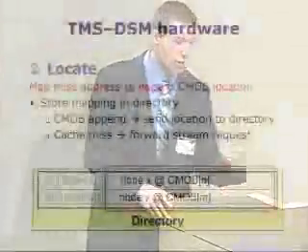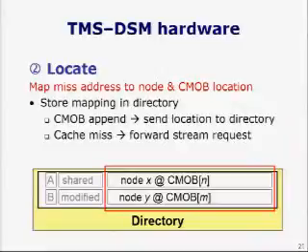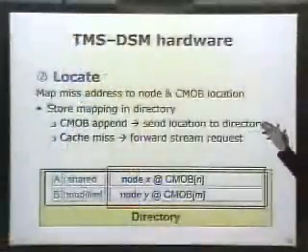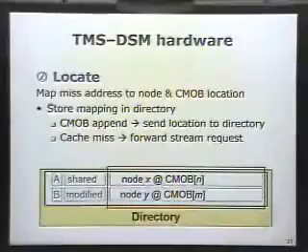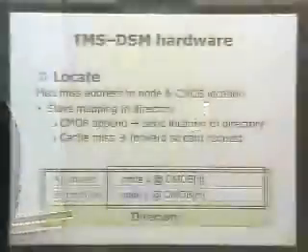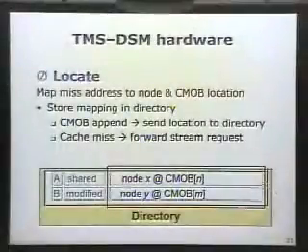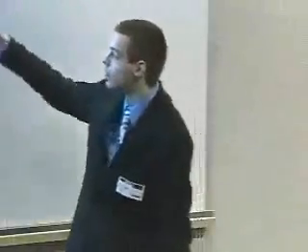The key idea here is to keep this mapping from addresses to where they have previously been recorded in the directory. In the directory, we'll store both the node and the location within that node's circular buffer where an address has been recorded. For all addresses, whenever there's an append to one of these circular buffers, as part of the memory traffic for performing the miss that led to that append, we'll update this recorded location in the directory.